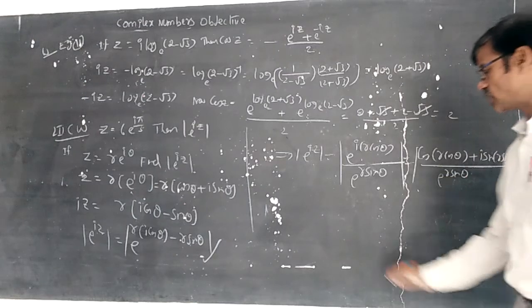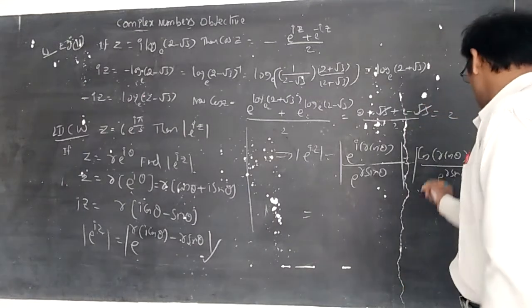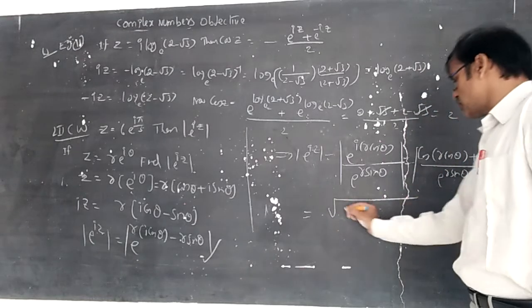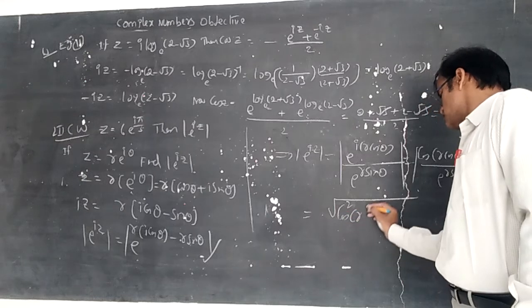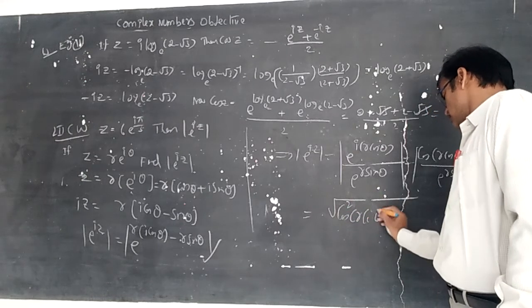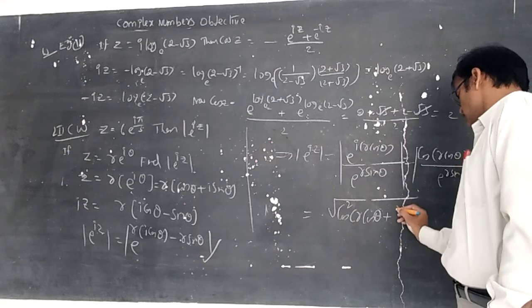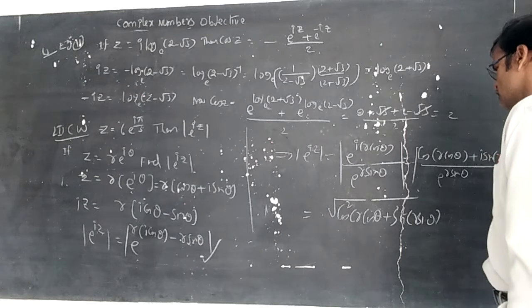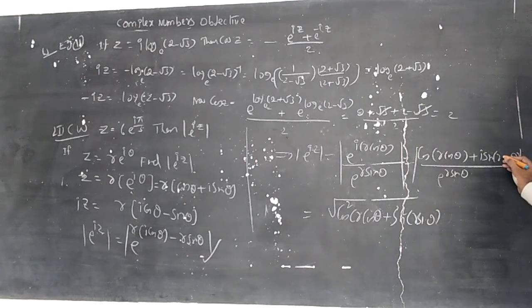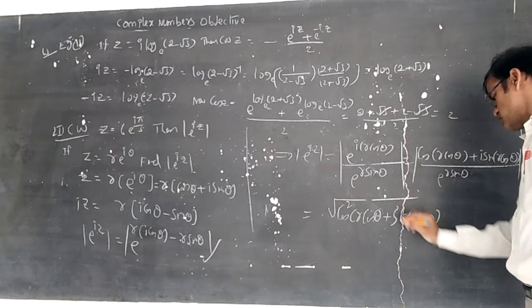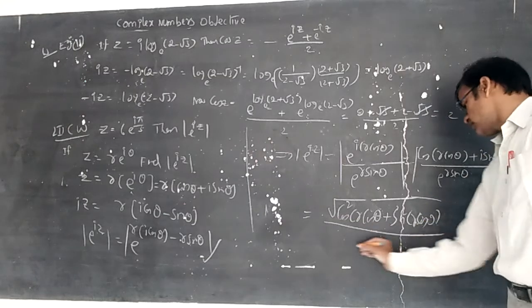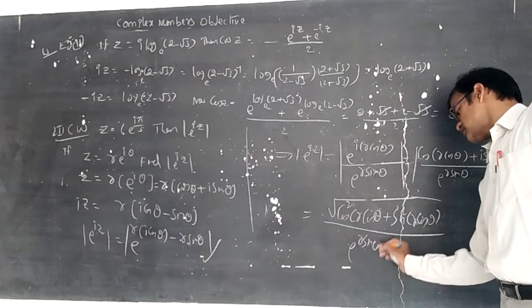Modulus meaning root of component square plus component square. So root of cos square of r cos theta plus sin square of r cos theta, whole by e power r sin theta.